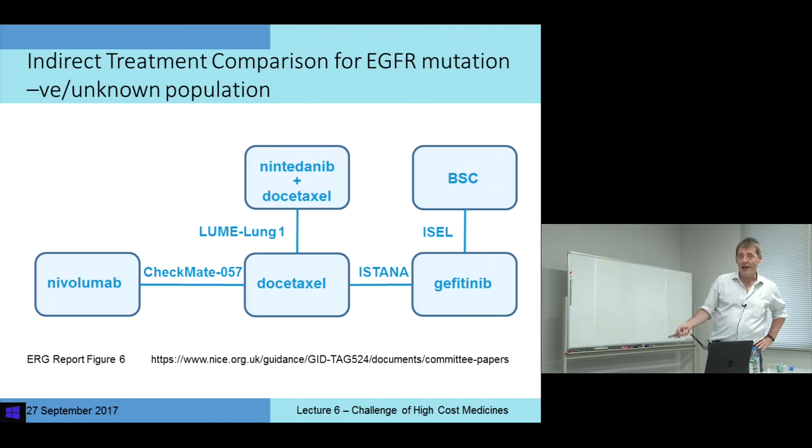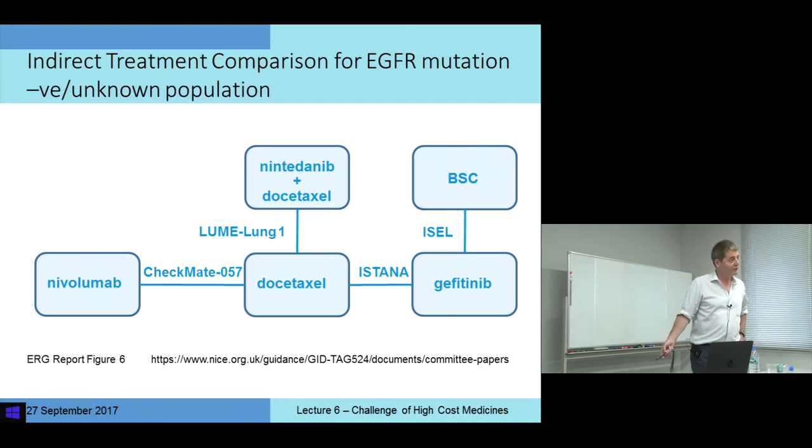But the trial we had, called CheckMate 57, was nivolumab against docetaxel. So you're forced to identify a network of treatments, and by being able to compare the nivolumab docetaxel treatment effect, we could compare it with the nintedanib docetaxel against docetaxel treatment effect.